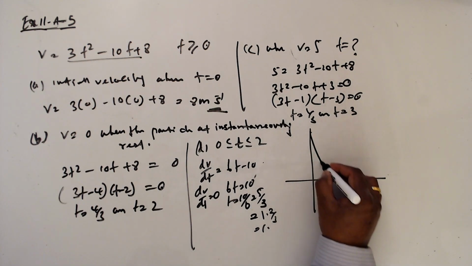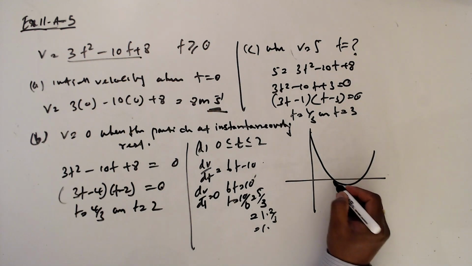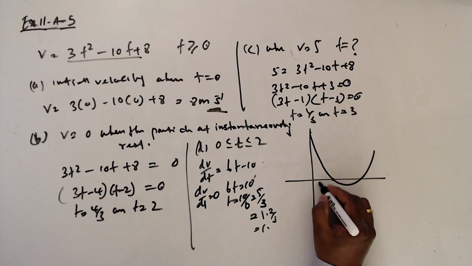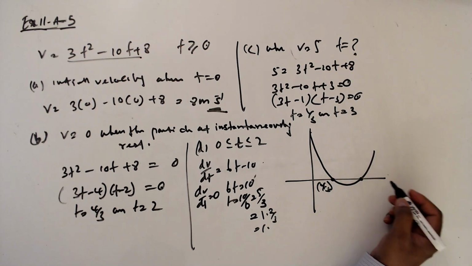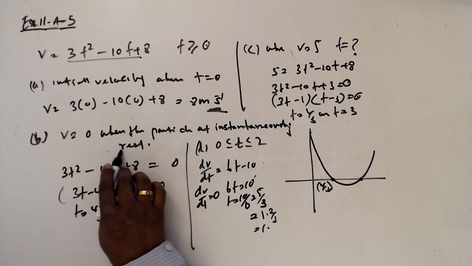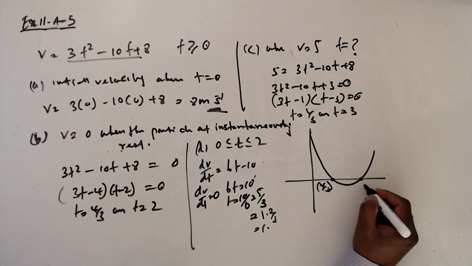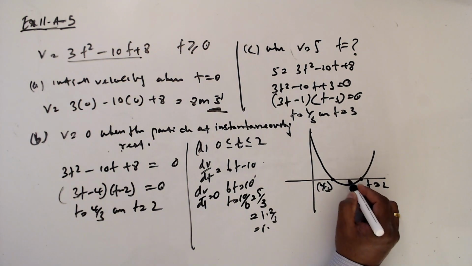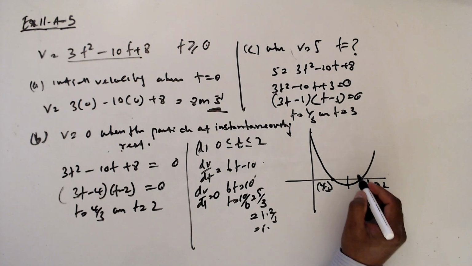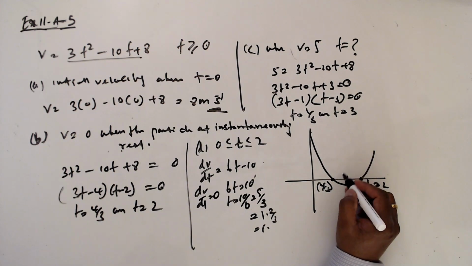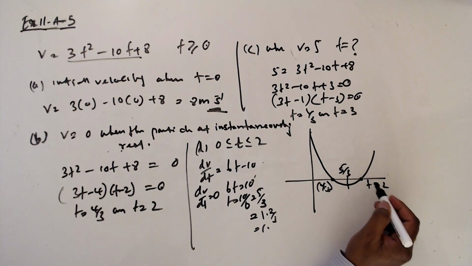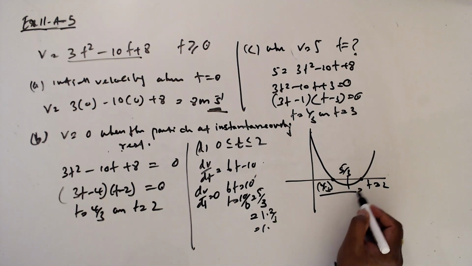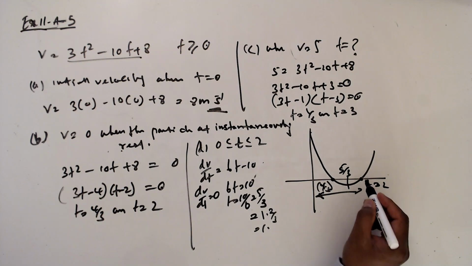This kind of curve we will have. This one is 4 by 3, instantaneous rest, and this is t equal to 2, and this t value is going to be 5 by 3, and from here to here is the maximum speed.